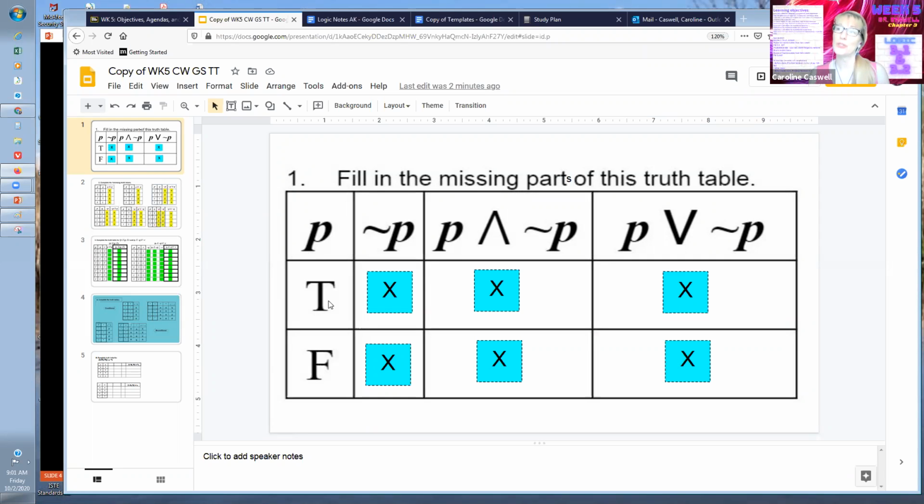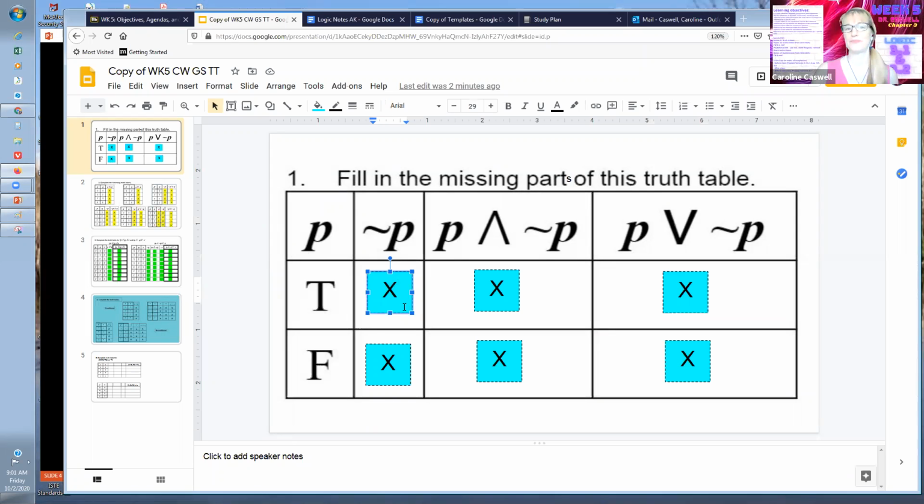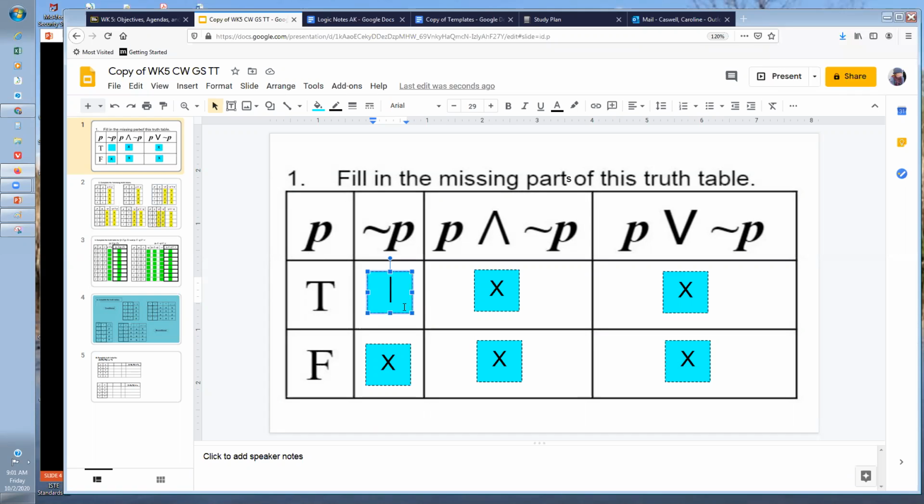So what we have to do is create every possible scenario. So if we have a true statement, what would be its negation? Knowing we only have 2 things, true or false. If my statement is true, what is my negation? False. So you just put an F there.